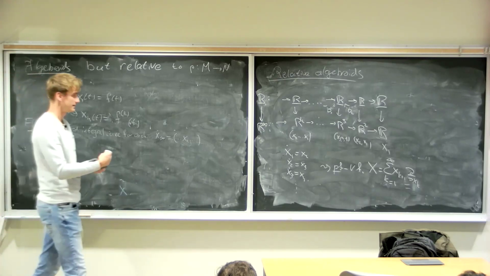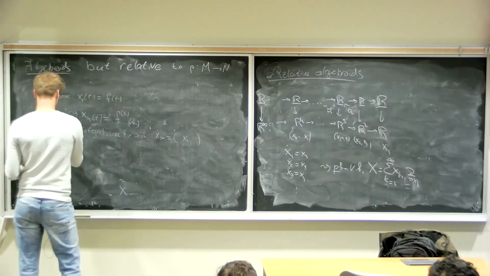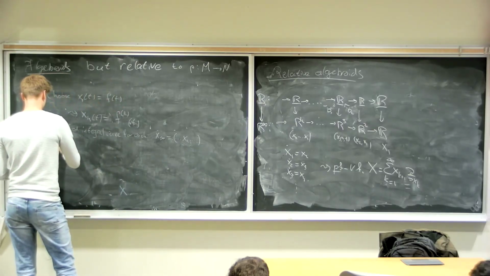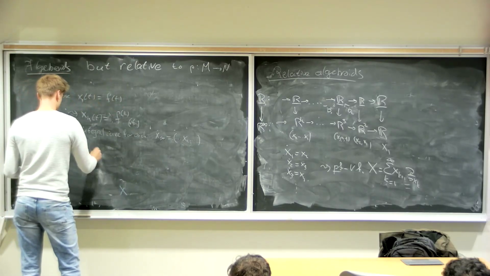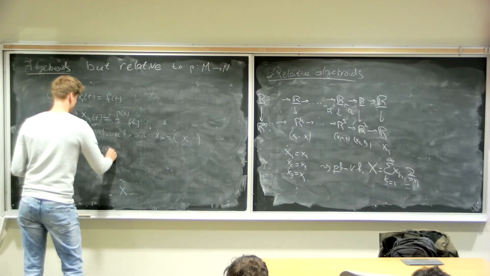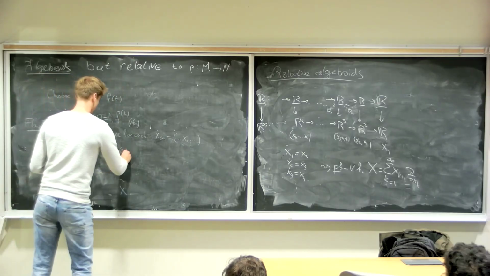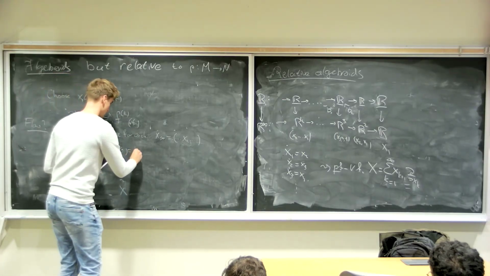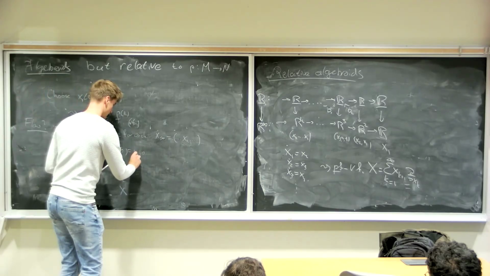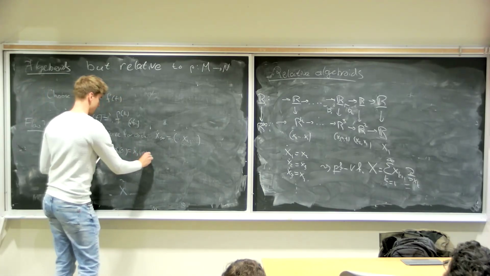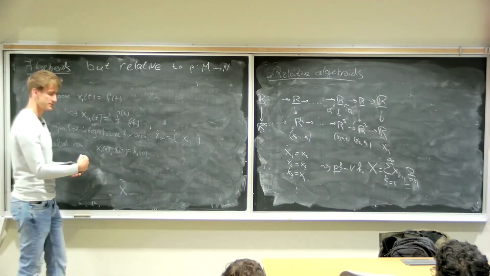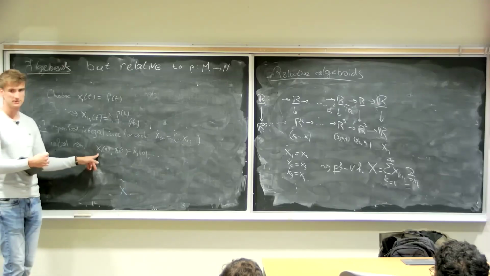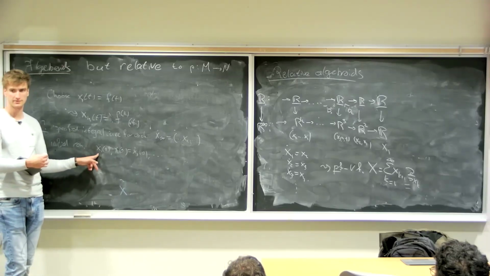So if you specify an initial condition, it will be like x1 of 0, x2 of 0, which is x1 dot of 0, right? So the initial condition is the power series of x1 at 0.